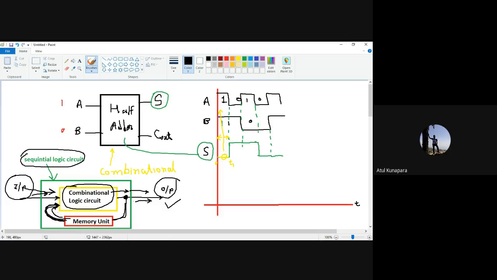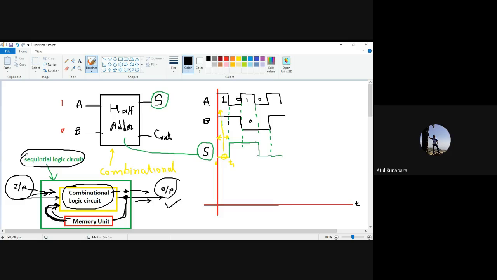And in the combinational logic circuits, whatever circuits we have discussed till now, that is adder, subtractor, comparator, in all those circuits, we made various combinations of those logic gates. That combination of logic gates gave us different kinds of logical circuits, and that is what we know as a combinational logic circuit, right?